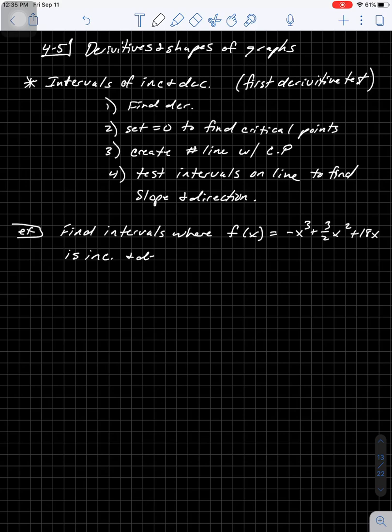Increasing and decreasing, and in addition it can ask you to find all extrema. So all the mins and maxes, basically. Alright, so let's go through our steps.